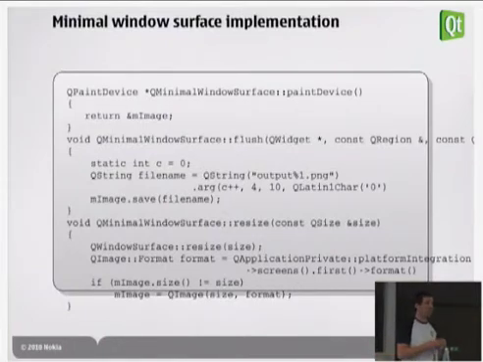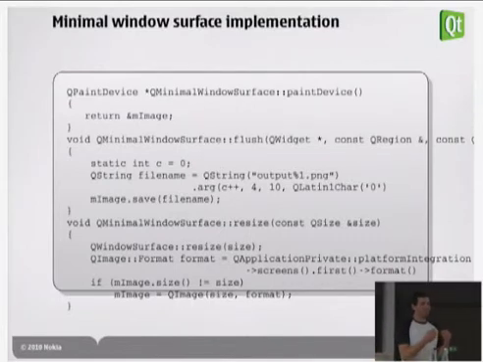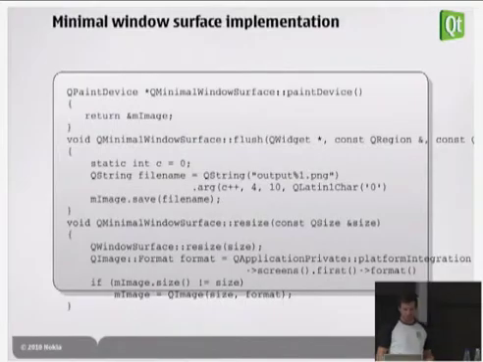Then on flush, this is the point where you're supposed to push pixels to the screen. In this case, we just push it to disk. In this plugin, we want to be cross-platform, so we basically don't know anything about any windowing system. And when you resize, you need to create a new image and so on.